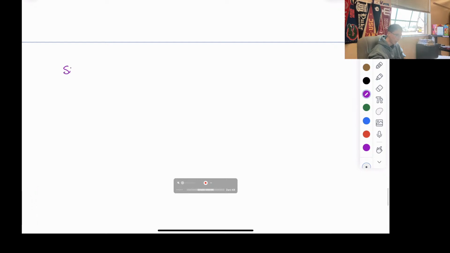So what is sine theta equal to 1 over what? Remember, it's cosecant, right? We had to use that yesterday. Cosine of theta is equal to what? Right?